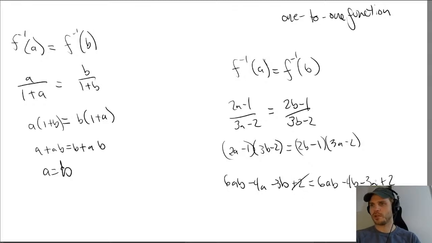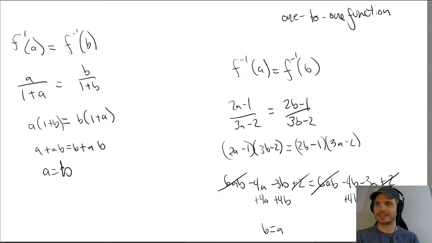Okay, so I'll cancel the 2's, and cancel the 6ab. Then we get b equals a. Nice. Okay, everything's 1-to-1. Or the last two are 1-to-1. Not everything is 1-to-1.